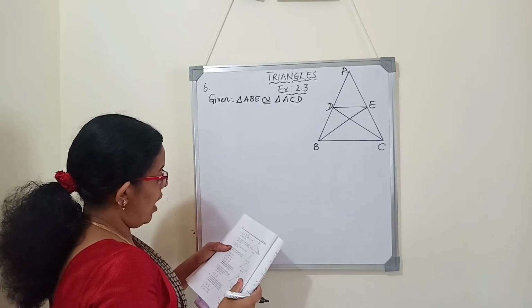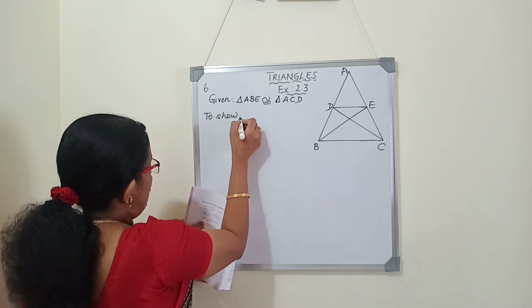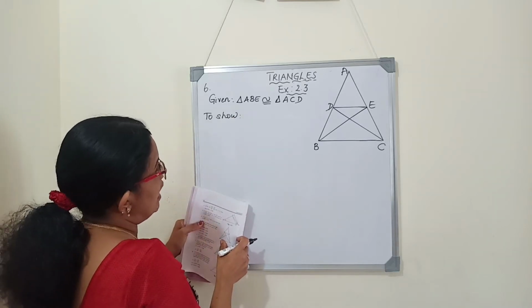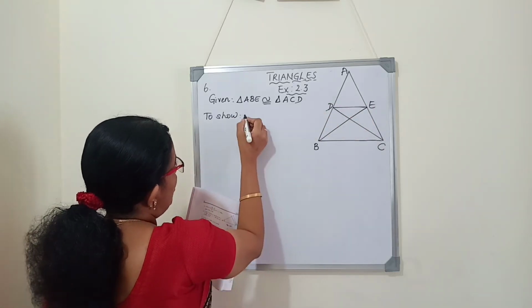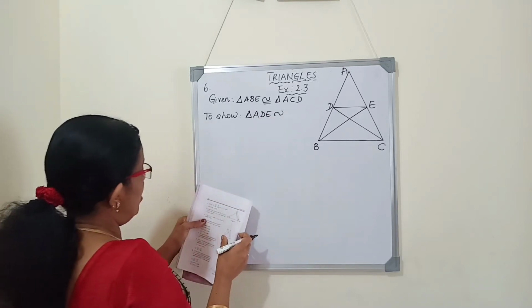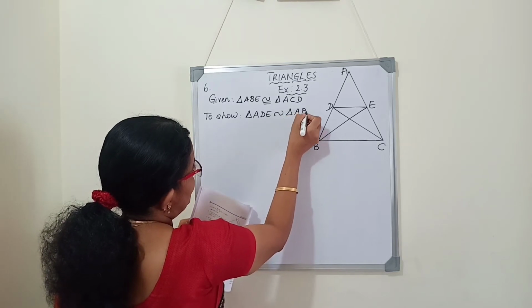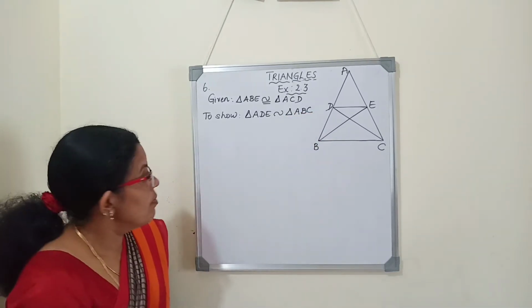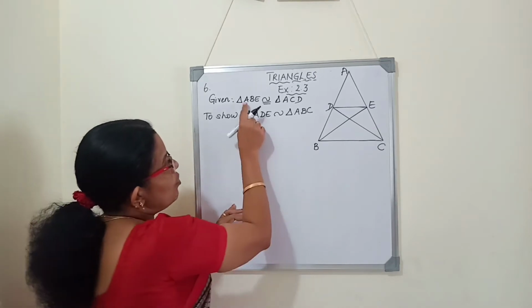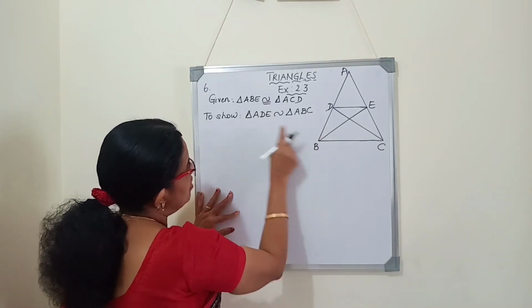We have to prove that triangle ADE, the smaller top triangle ADE, is similar to the bigger triangle ABC. So it is given that two triangles are congruent. We have to prove that another two triangles are similar.